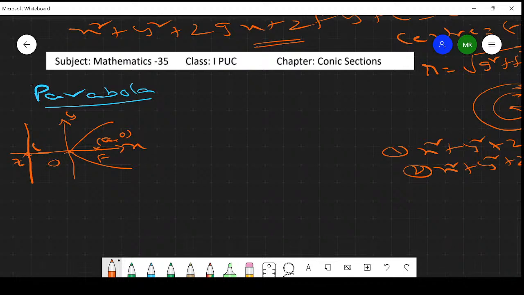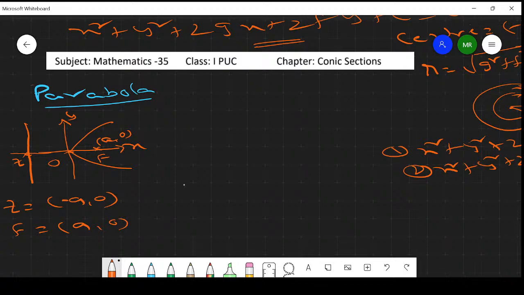The focus is a comma 0, the opposite is minus a comma 0, and this is the origin.